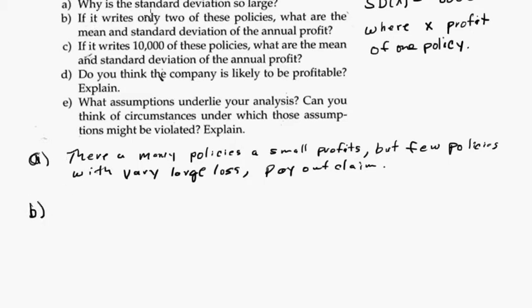So if they write only two policies, what's the expected value and standard deviation? That would be the expected value of X1 plus X2. So that's just 2 times the expected value of X. So 2 times 150 is $300.